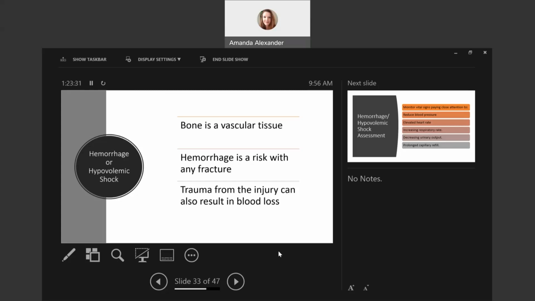So when we're considering assessments for hypovolemic shock, we're going to look at the site. How much bleeding has occurred? Is it swollen? Is it bruised? Do they have a hematoma? What is their blood pressure? Are they hypotensive? Are they tachycardic? These are signs of hypovolemic shock.